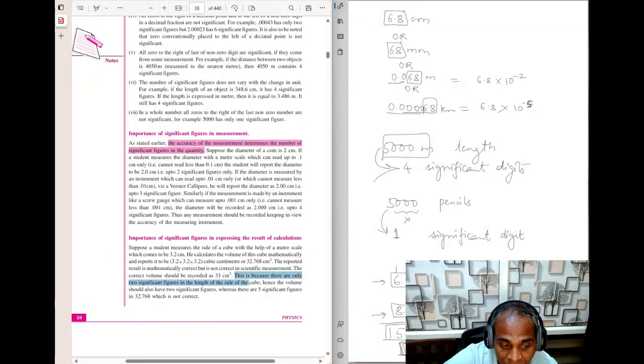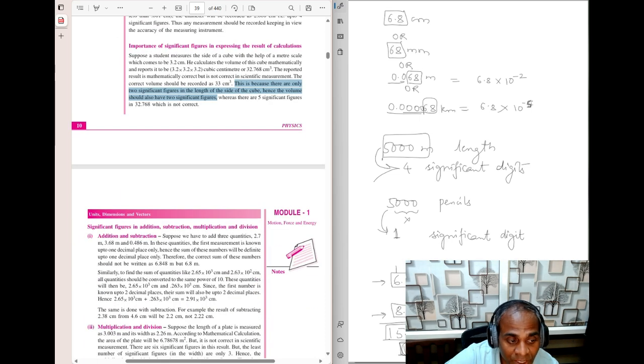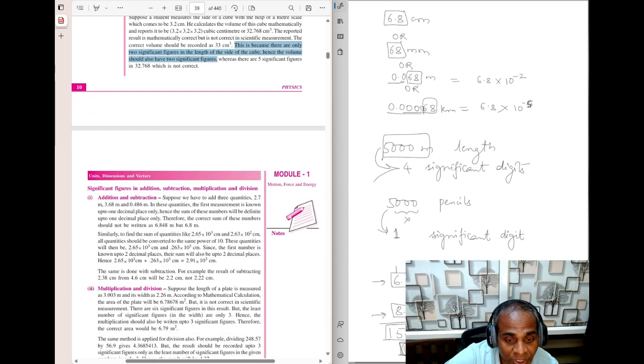Because there are only two significant figures in the length of the side of the cube, the volume should also have two significant figures only, not five. Okay. And one more thing we need to note. Let us say if I am adding two numbers, that I will do here only.